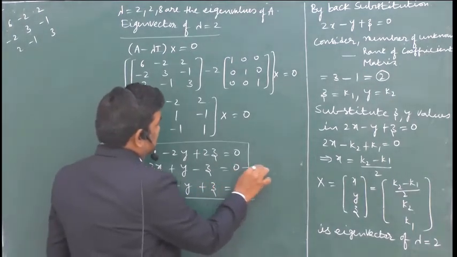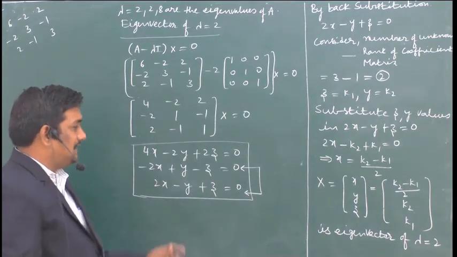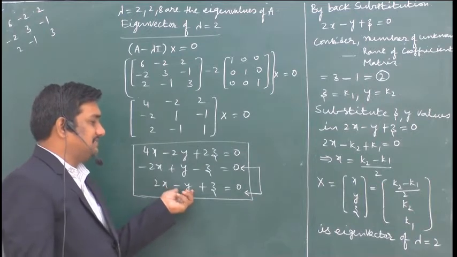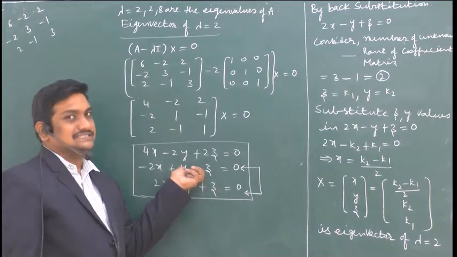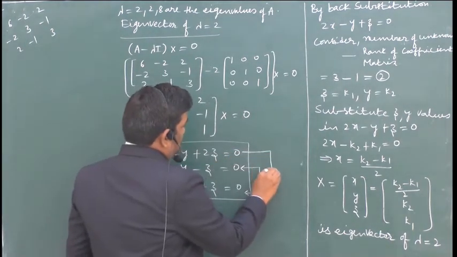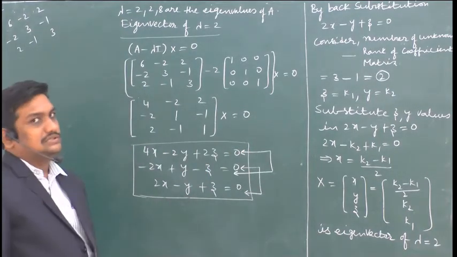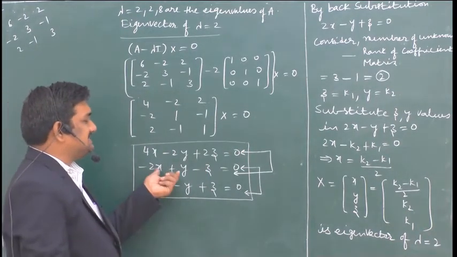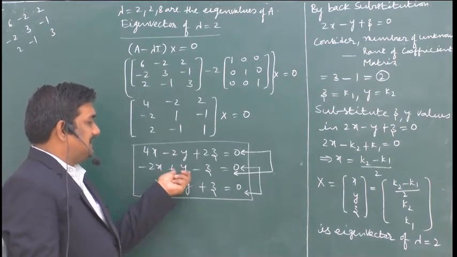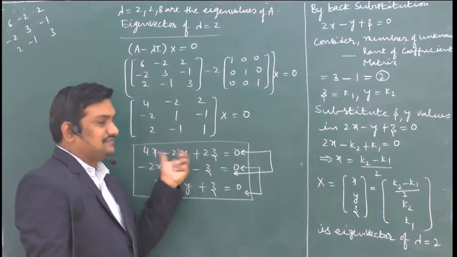These 2 equations are the same because if you multiply the third equation by minus, it will be minus 2x plus y minus z. That is the same as the second equation. And also equations 1 and 2 are the same because if you multiply the second equation by minus 2, it will be 4x minus 2y plus 2z, which is the same as the first equation.